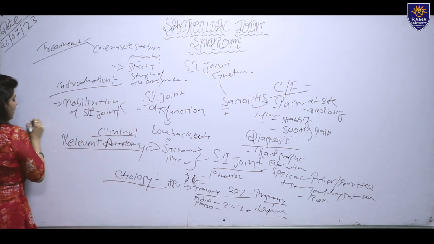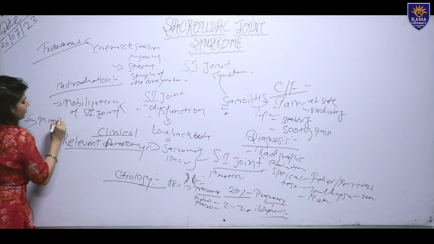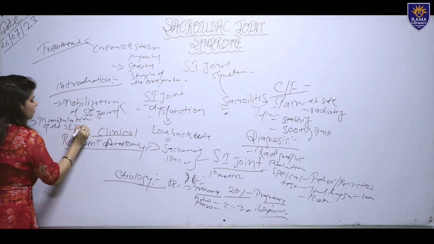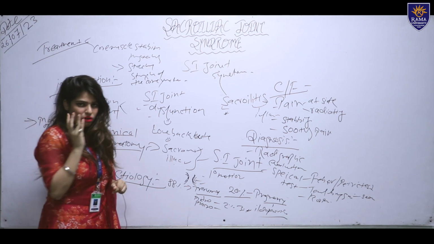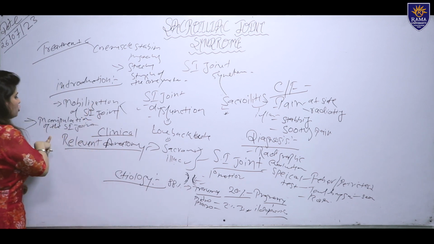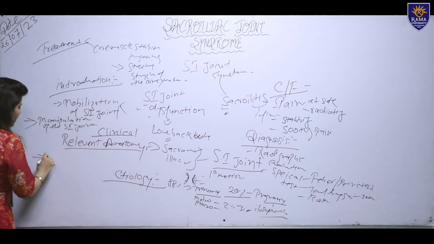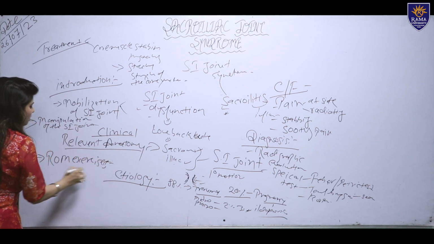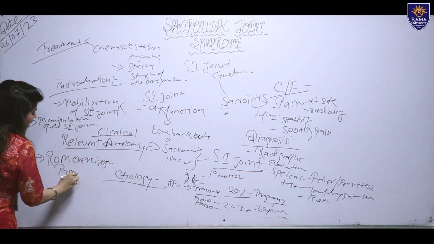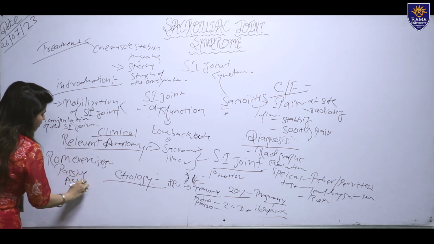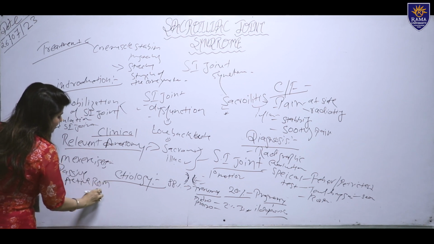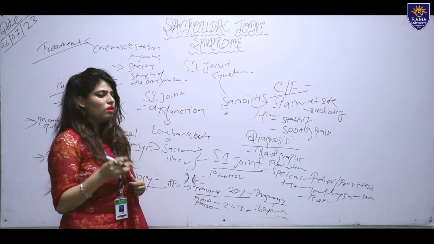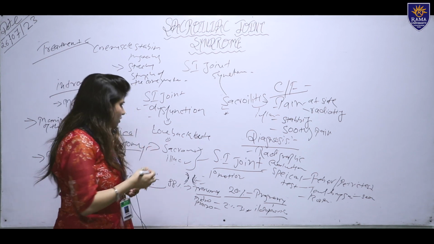When the thrust is applied, that is the manipulation of the SI joint, in grade 3, the last grade. We also do a number of range of motion exercises, passive and active ROM exercises, and we also do gait training and balance training in SI joint syndrome.